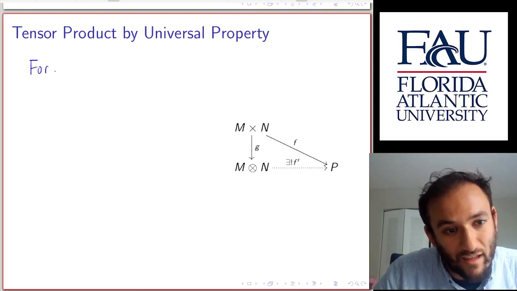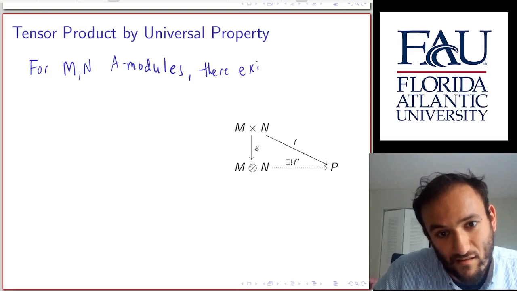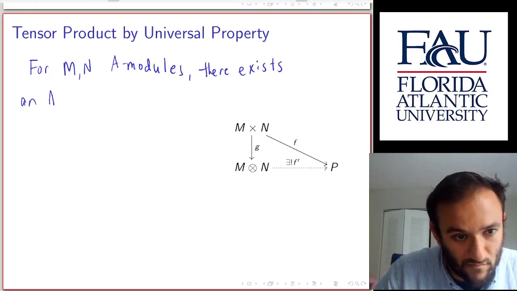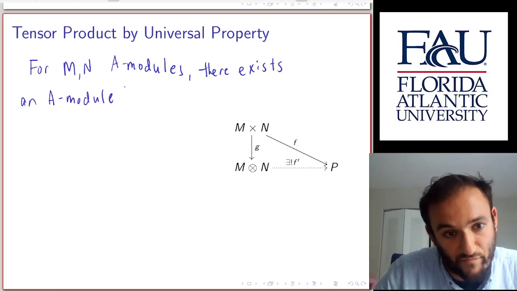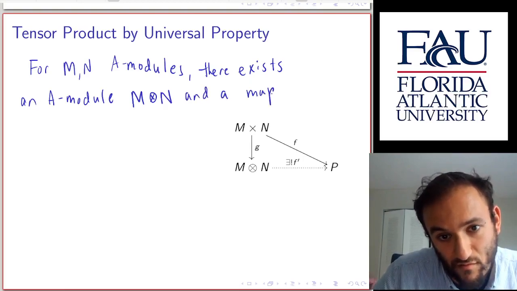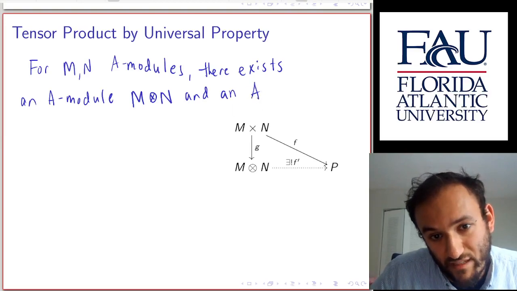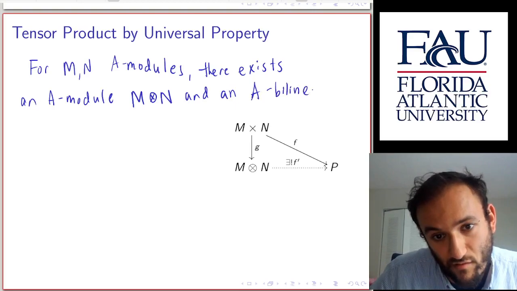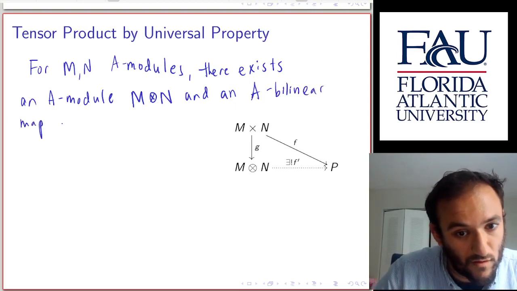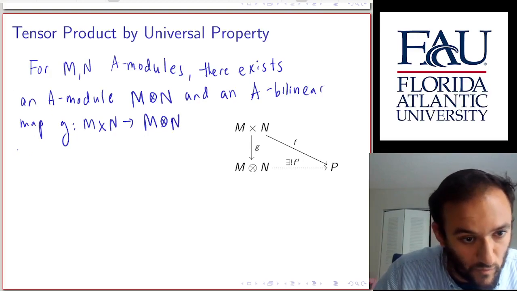So for M and N A modules, there exists an A module called M tensor N and an A bilinear map g from M cross N to M tensor N with the following property.